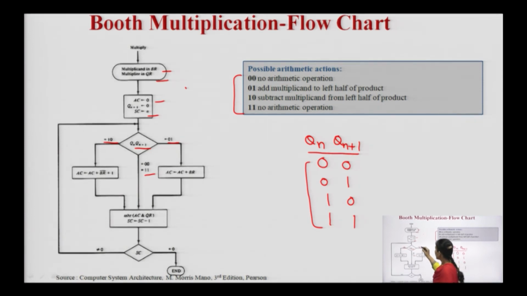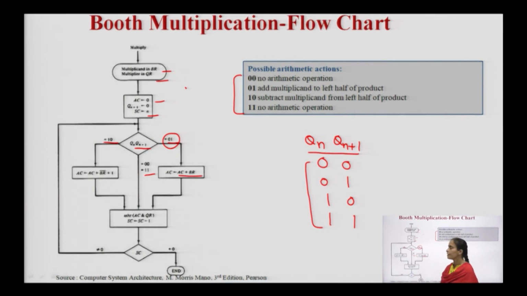If the pair is 0 1, I am checking from the series of zeros, the string of zeros. If I find the first one, then I will add my multiplicand to my accumulator.